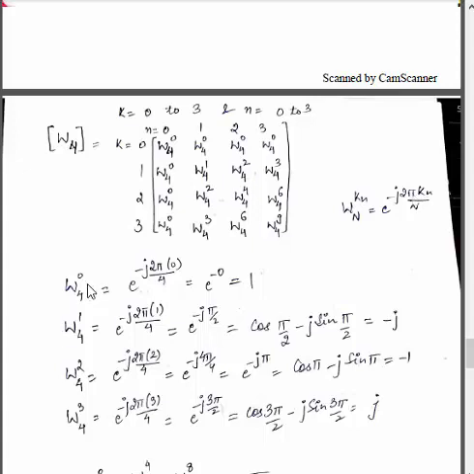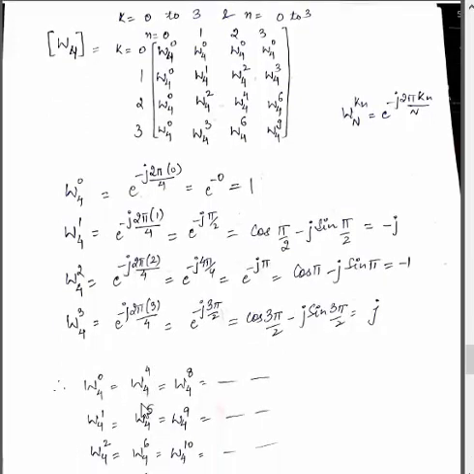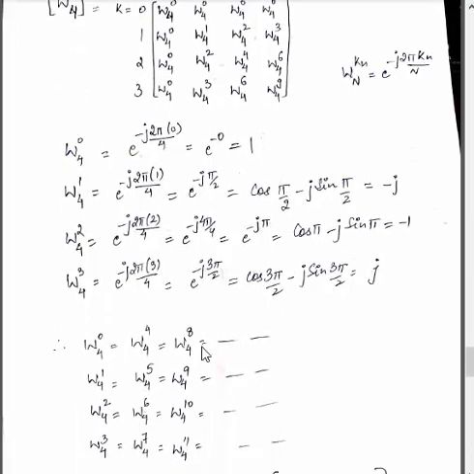The first 4 points are 0 to 3, then twiddle factor 0 is equal to twiddle factor 4 is equal to twiddle factor 8, and twiddle factor 1 is equal to twiddle factor 5, twiddle factor 9. Twiddle factor 2 is equal to twiddle factor 6 up to twiddle factor 10 and so on, and twiddle factor 3 is equal to twiddle factor 7, twiddle factor 11 and so on.